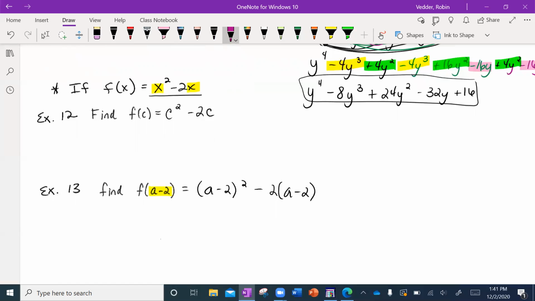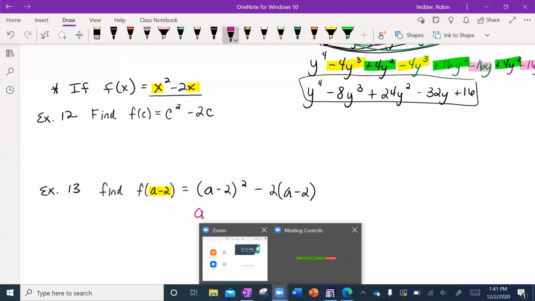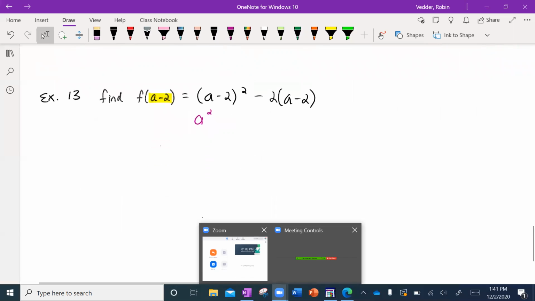I'm going to use the shortcut, square the first, square the last. Negative 2 squared is positive 4. And then multiply the two together and double. Negative 2 times a is negative 2a times 2 is negative 4a.